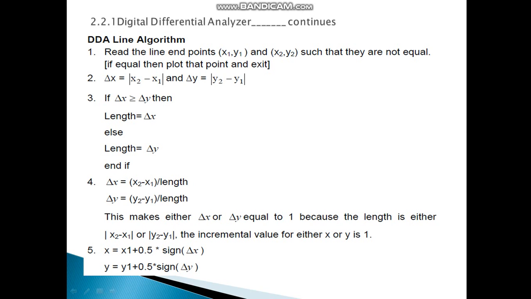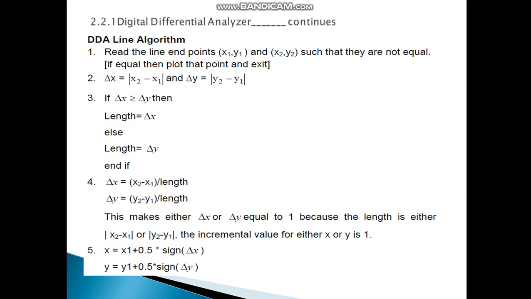Here is the DDA line algorithm. The first step is to get the input of two endpoints, that is x1, y1 and x2, y2, such that they are not equal. If these are equal, then plot this point and exit.